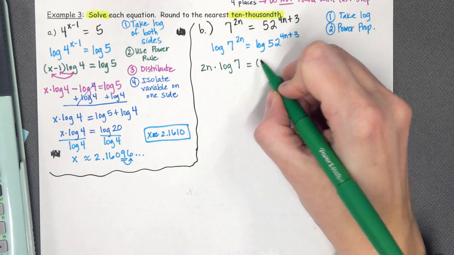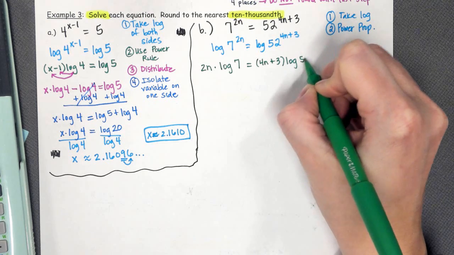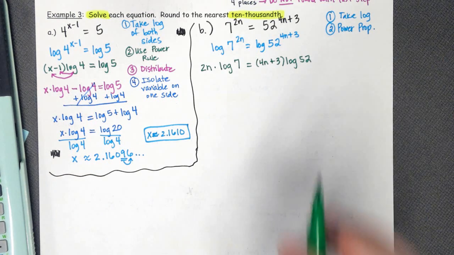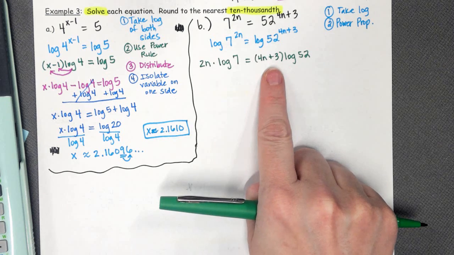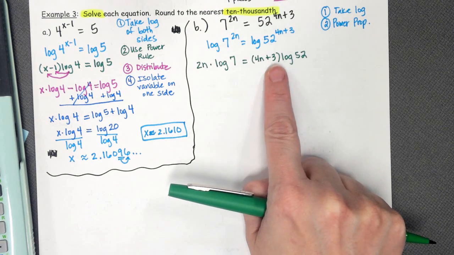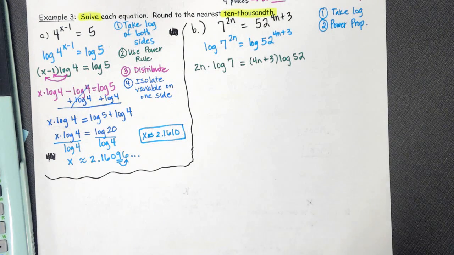Anytime it's a binomial, that has to be in parentheses, or it won't mean the same thing. Then you would just have 3 times the log of 52, and we are going to have to distribute.